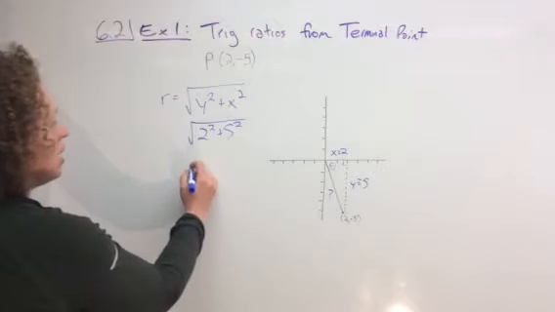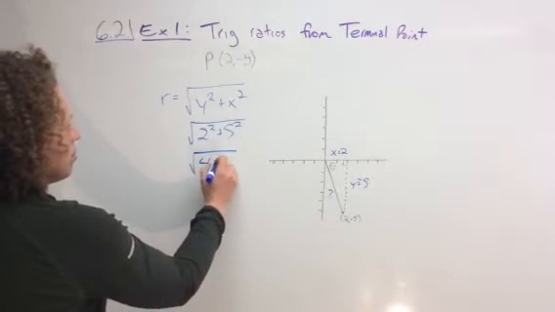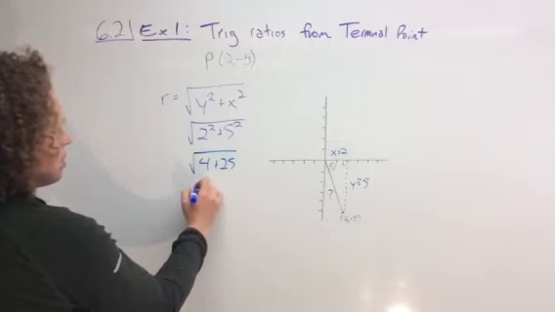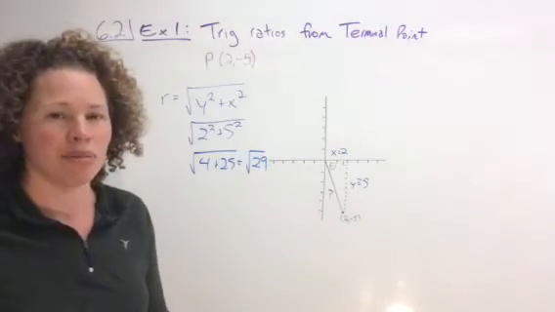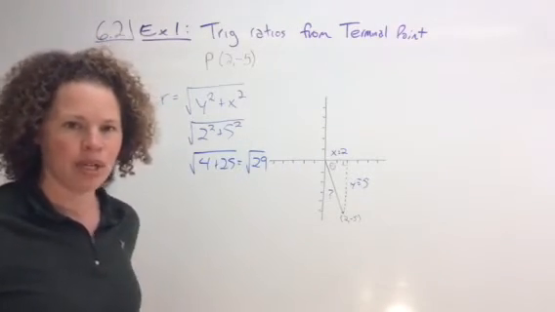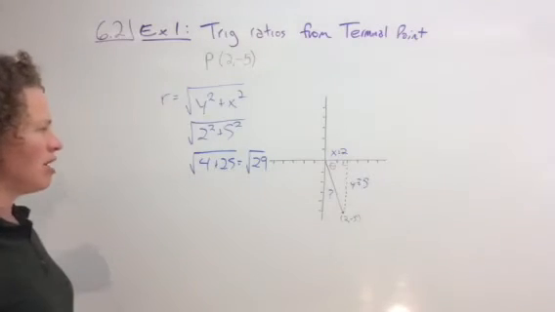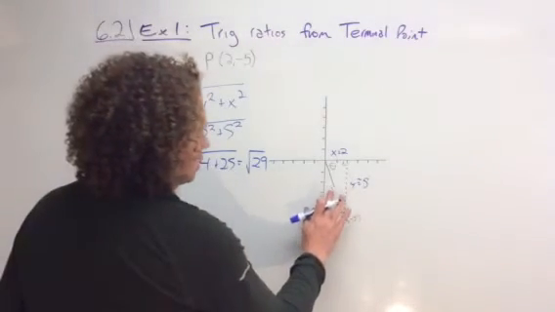Absolute value is fine. Which means it's going to be the square root of 4 plus 25, which gives us square root 29. Now 29 is a prime number. There's nothing you can do with that. It's done. You can't simplify it, you can't make it a mixed radical, there's nothing. It's just square root 29. Beautiful. Love it.